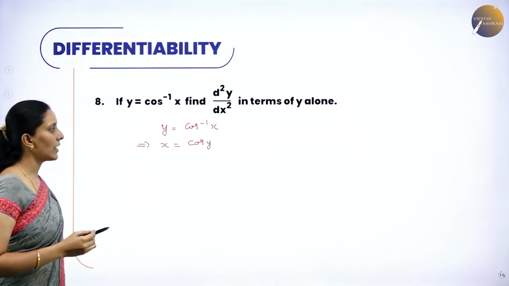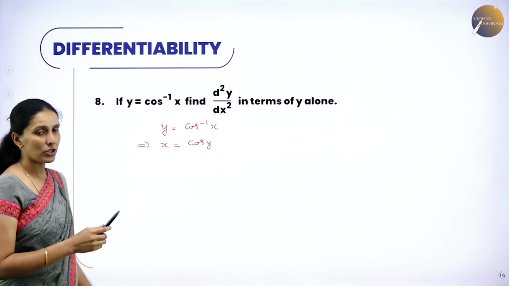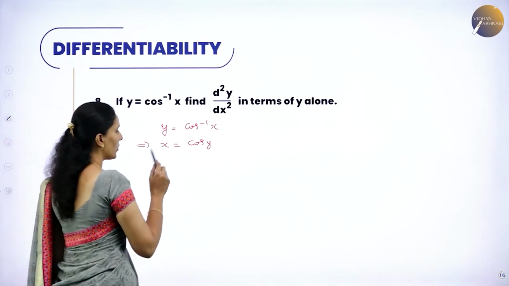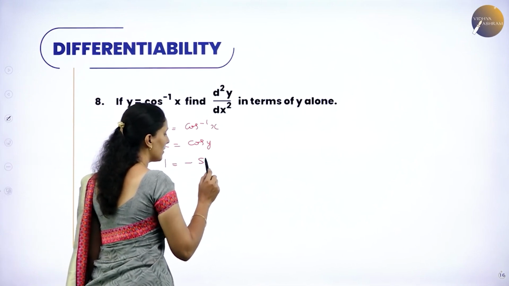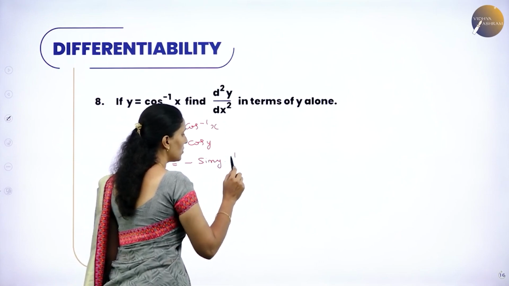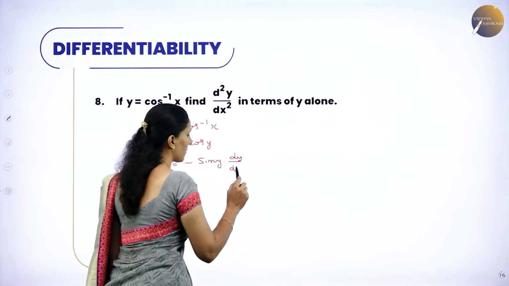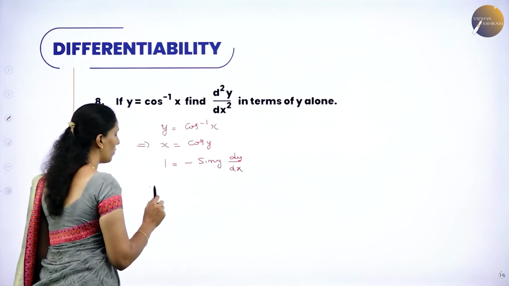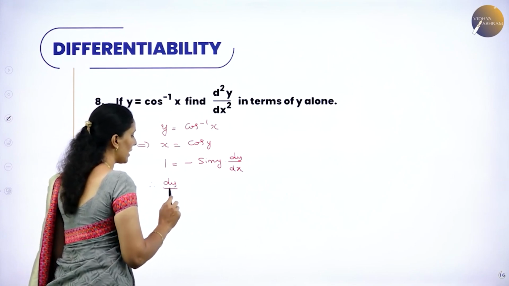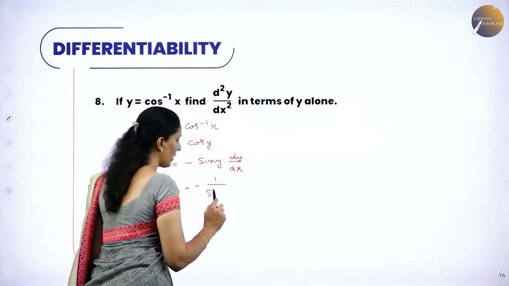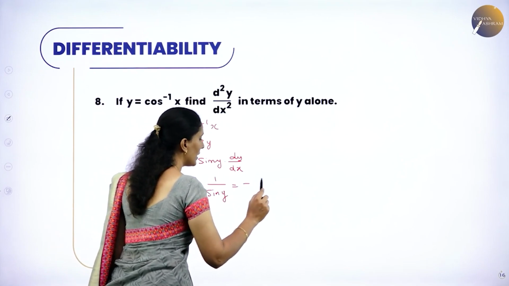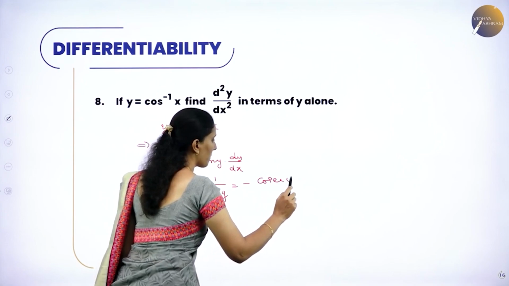Now, let us differentiate with respect to x. Differentiation of x is 1. Differentiation of cos y is minus sin y into dy by dx. So, therefore, dy by dx here becomes minus 1 by sin y or minus cosecant y.